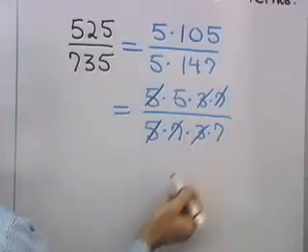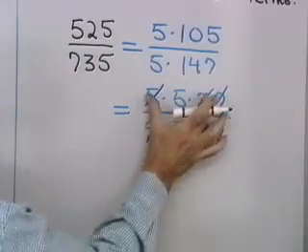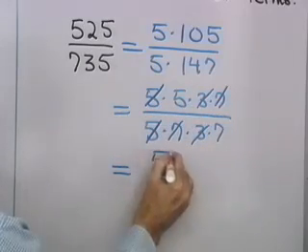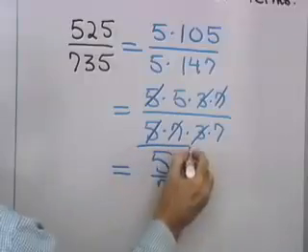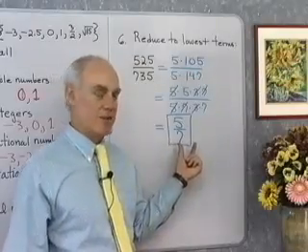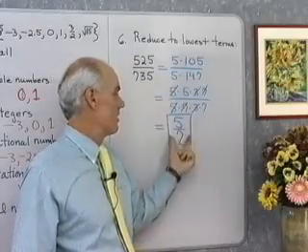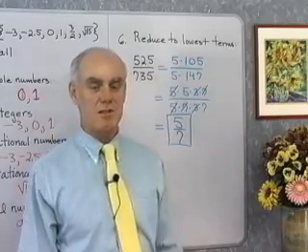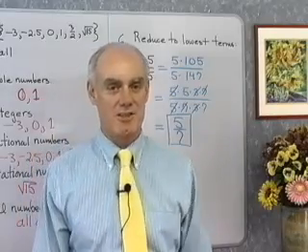That 3 and that 3. So this shows that I've divided the numerator and denominator by these factors. What's left in the numerator is 5, and in the denominator 7. So the answer to that problem is 5/7. That's the fraction that's equivalent to this fraction, but it's in lowest terms. So there's a quick look at some of the subsets of the real numbers and how to reduce fractions to lowest terms.